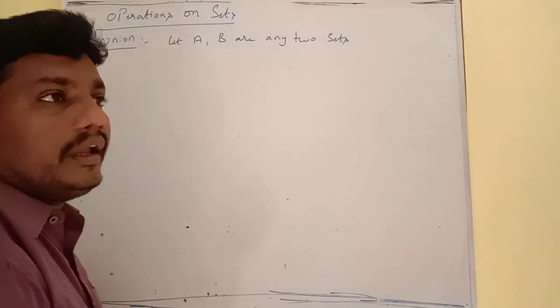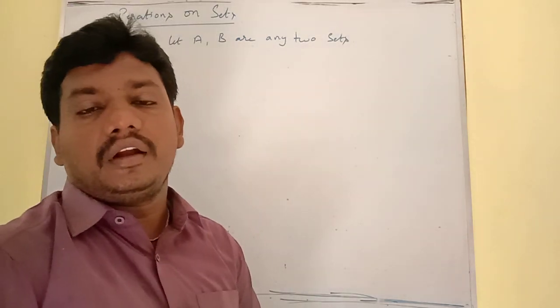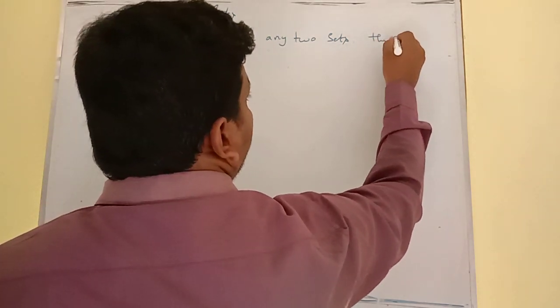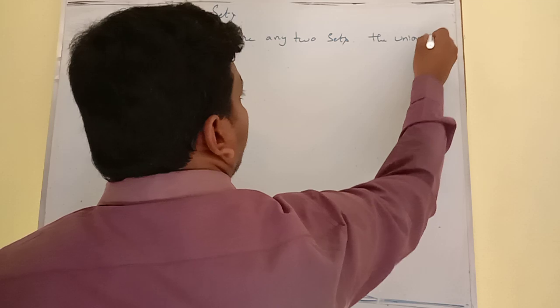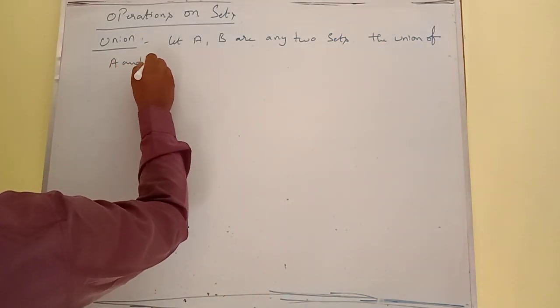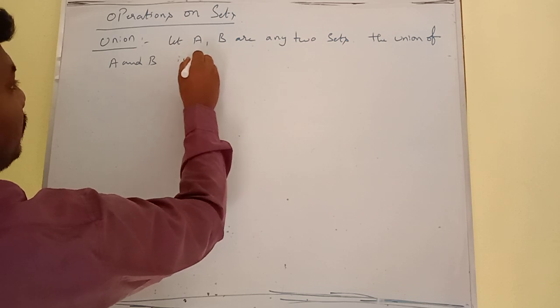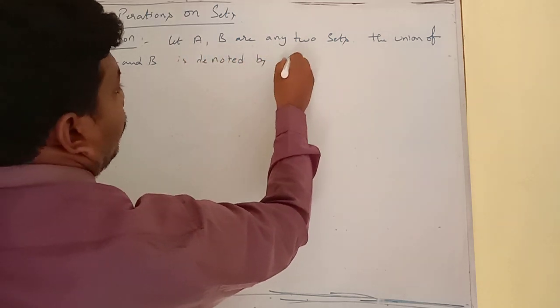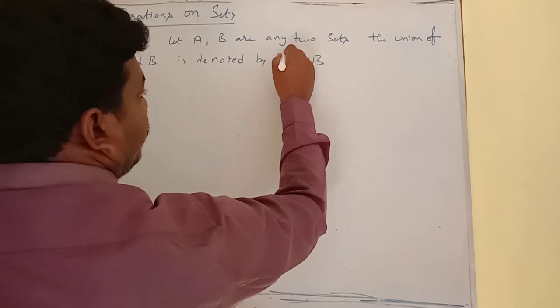The union of A and B is denoted by A union B.